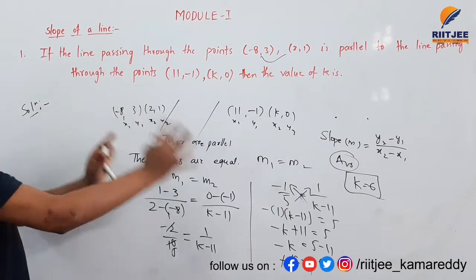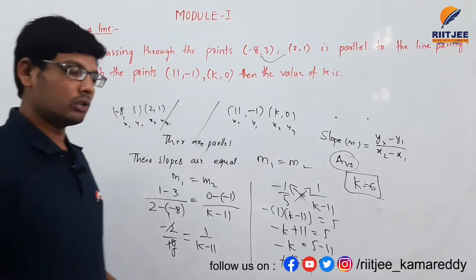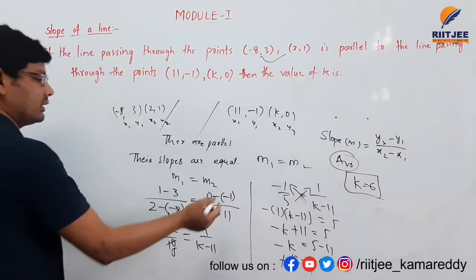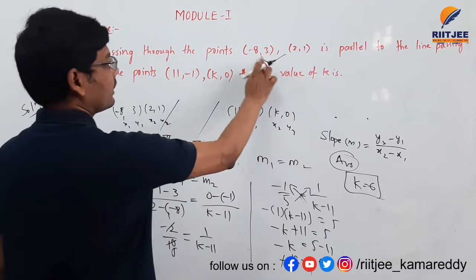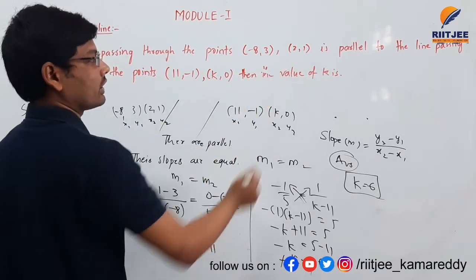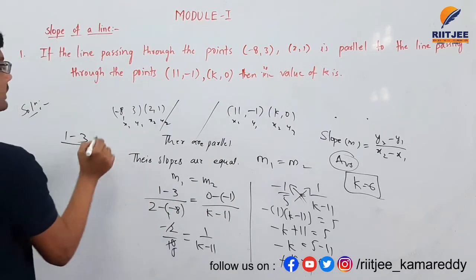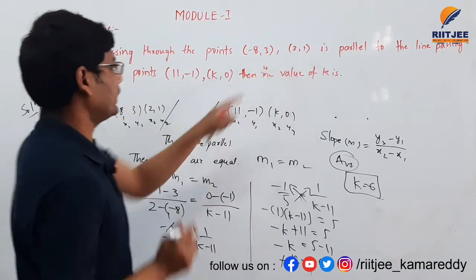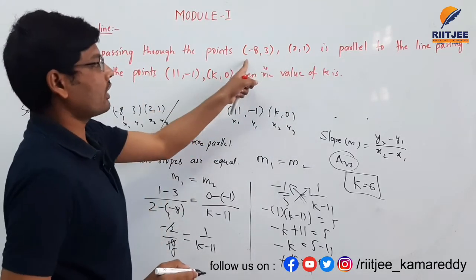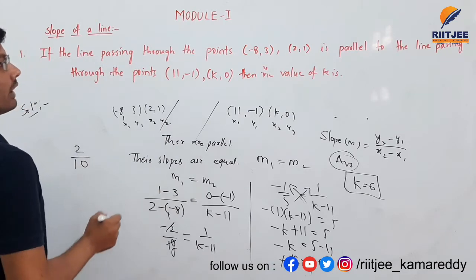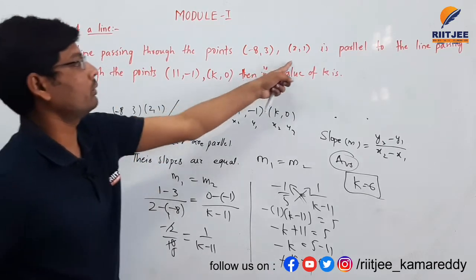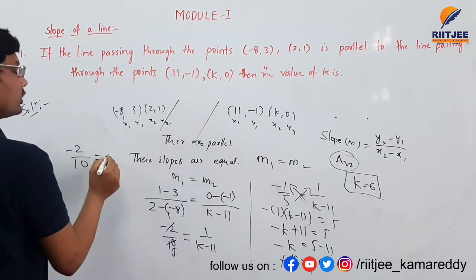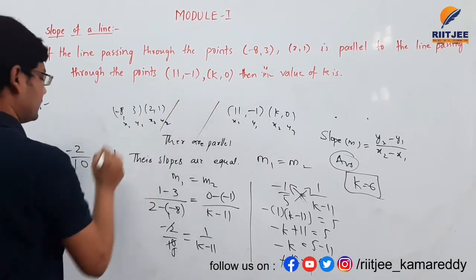So this is the complete process. If you want to solve in a quick way, there's no need to write all the sentences, just write this. Directly you can write y2 minus y1: 1 minus 3 is minus 2, 2 minus of minus 8 is 10, equal to 0 minus of minus 1, which is 1, by k minus 11.